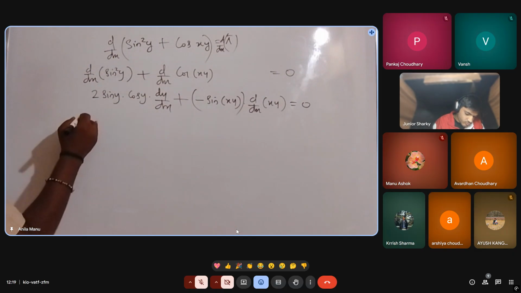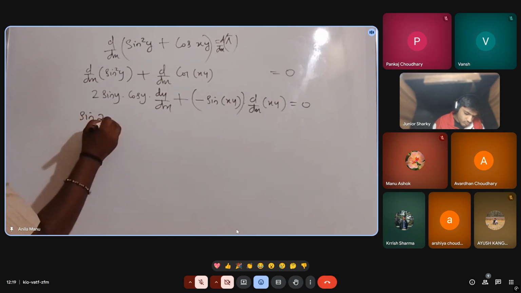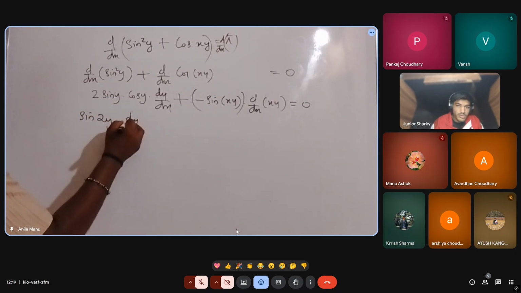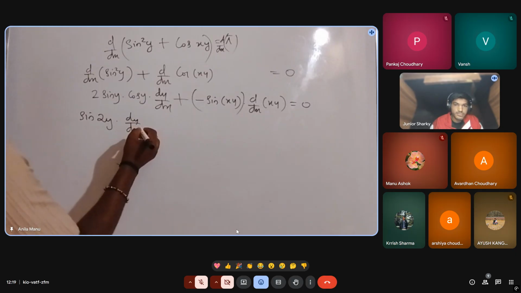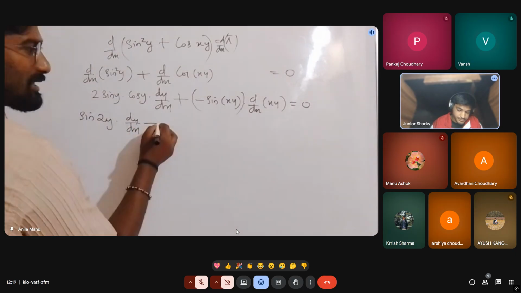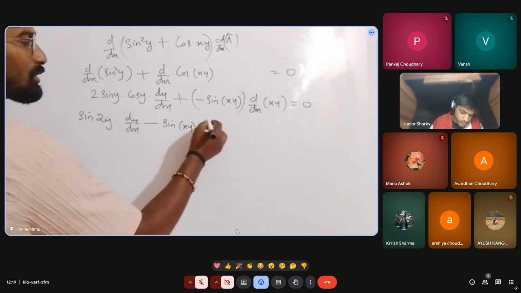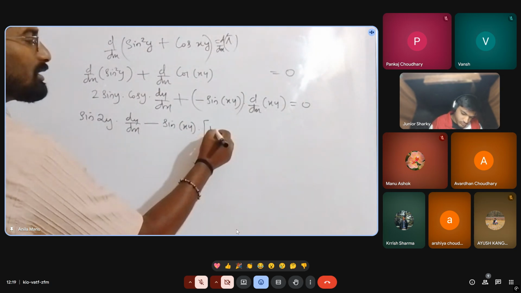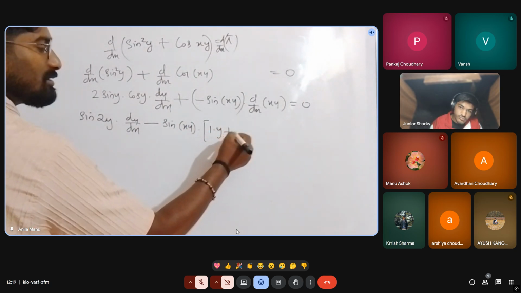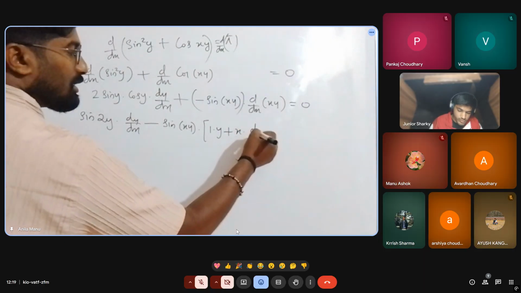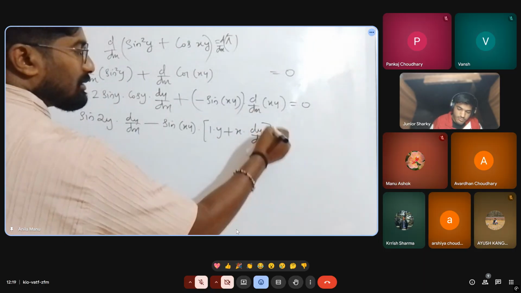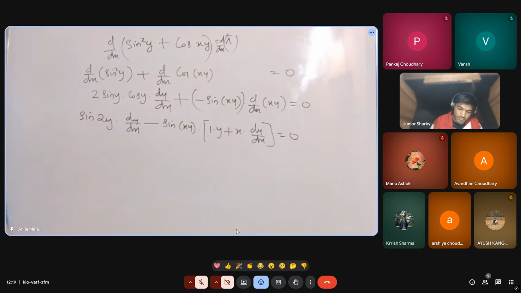So 2 sin y cos y, that is sin 2y, dy by dx. Then minus sin xy into the product rule: derivative of x is 1 into y, plus the first function x into dy by dx, that is equal to 0.